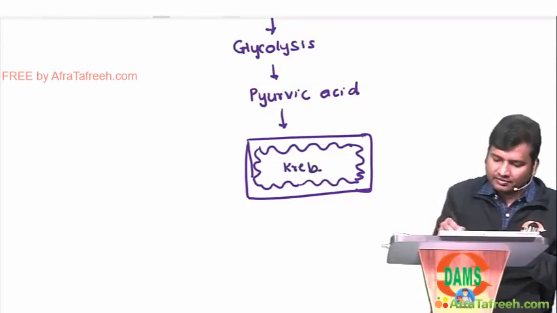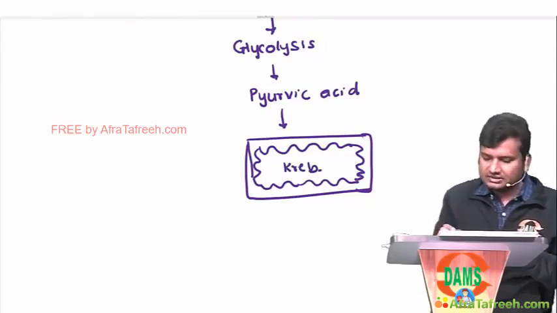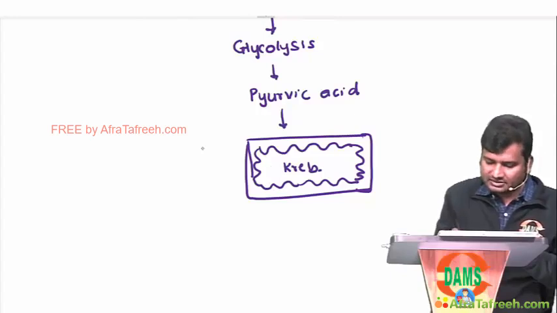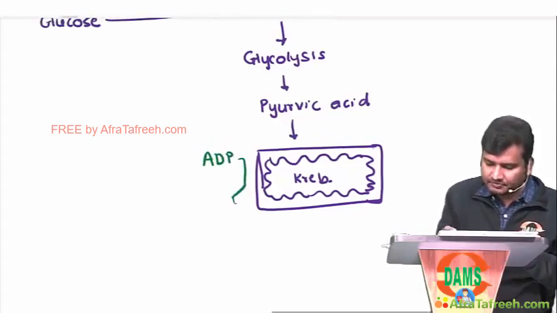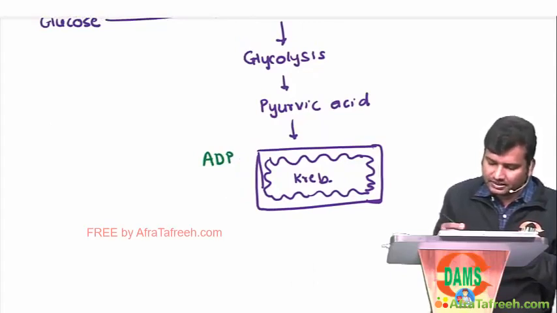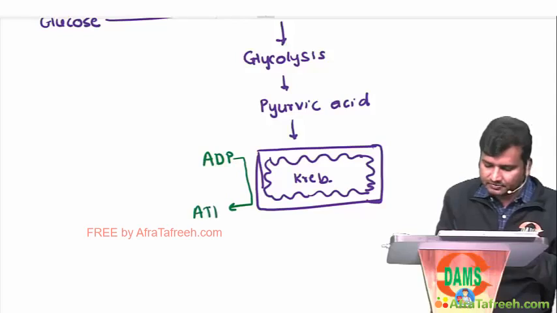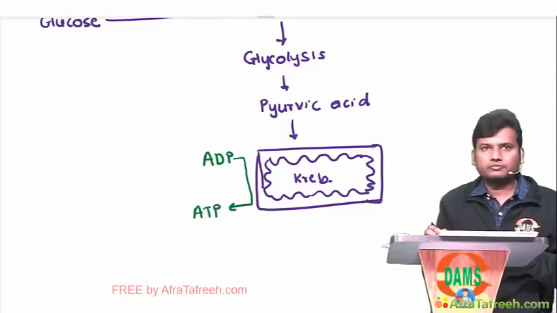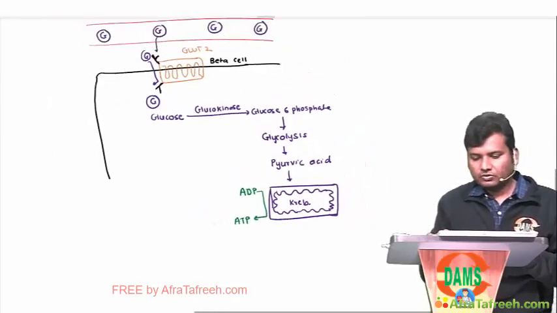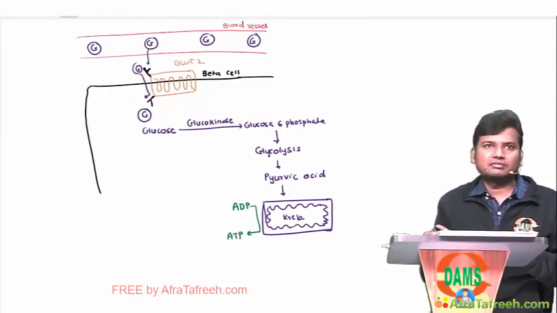With the help of this Krebs cycle, pyruvic acid will convert ADP into ATP.